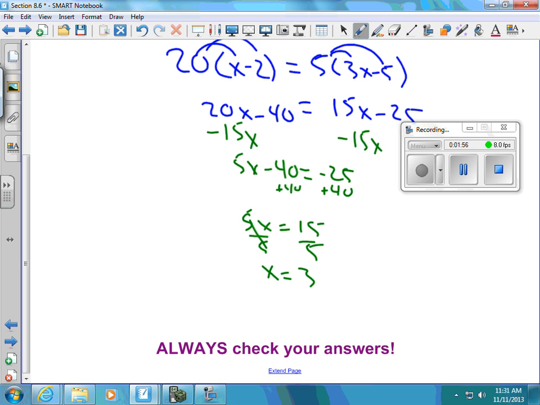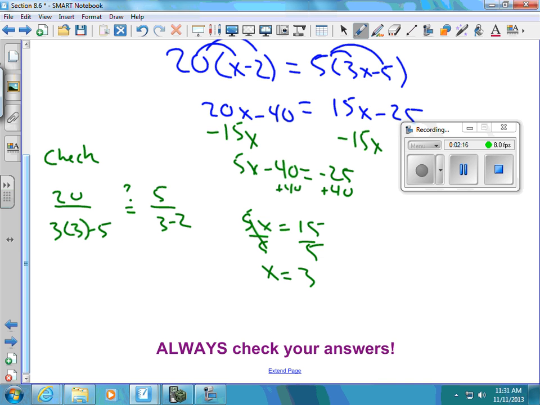So how I would check it is I would plug it back into my original equation and see what I get. I get 20 over 3 times 3 minus 5. And on the other side, does it equal 5 over 3 minus 2?